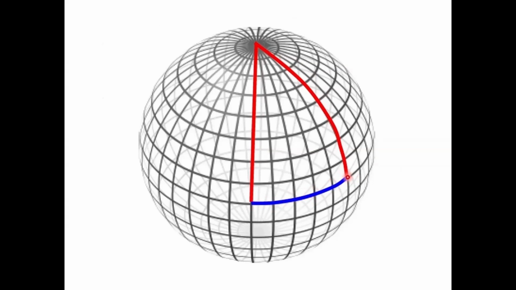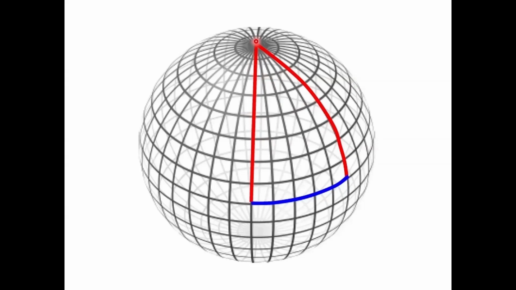As we can see, if we look along the surface of the sphere, they get closer and closer to each other, and at this point over here, they actually meet.